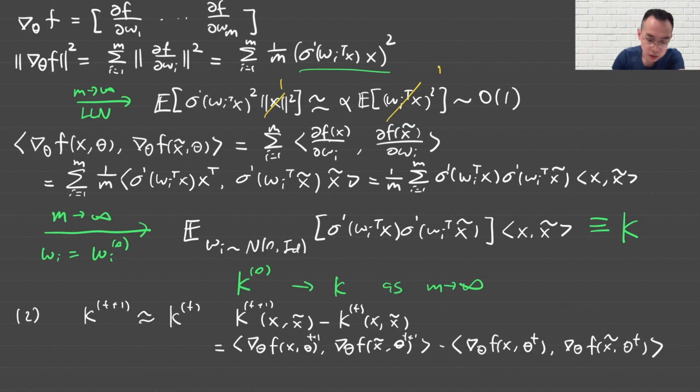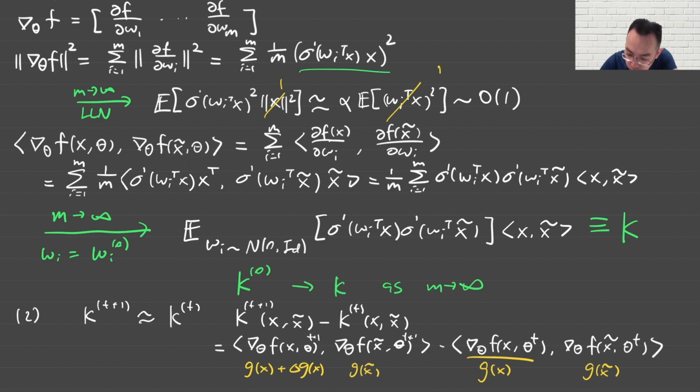Right, so here I'm just going to change the notation a little bit to make our life easier. Let's just call this thing gx, and this is gx tilde. And then we're just going to parameterize this with a difference. Let's call this gx plus delta gx, using the difference, and then the other one will be gx tilde plus delta gx tilde.